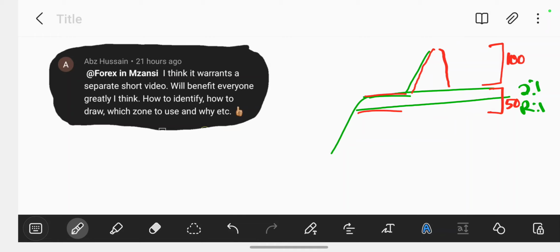Because remember the way we trade, we say for you to move your stop loss to break even, wait for the price to move up by double what you are risking so that it has enough room. Then that's when you can move your stop loss to break even. So if in this case the price only moved 1.5 and then comes back, we said we need 2:1 before you can move to break even.